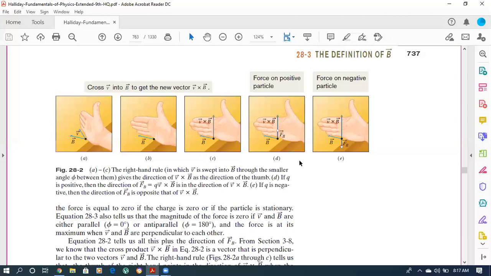So in this book and upcoming topics, they will follow this convention, that this is basically for positive charge. So positive charge will move in upward direction and negative charge will move in downward direction.